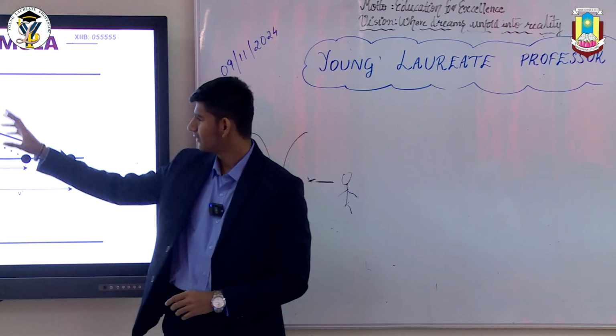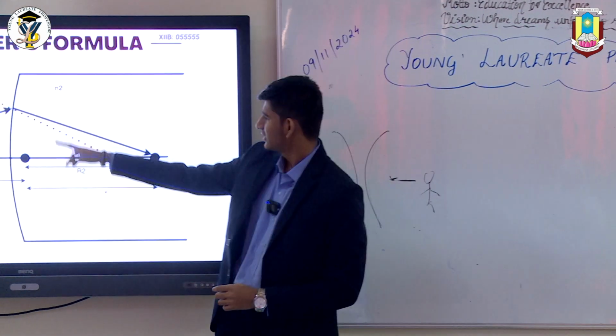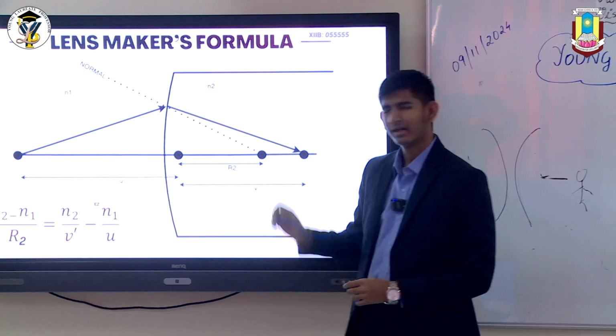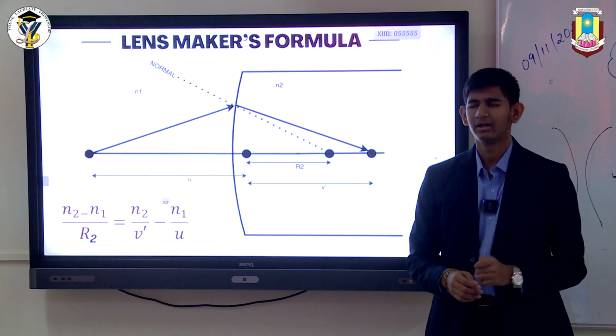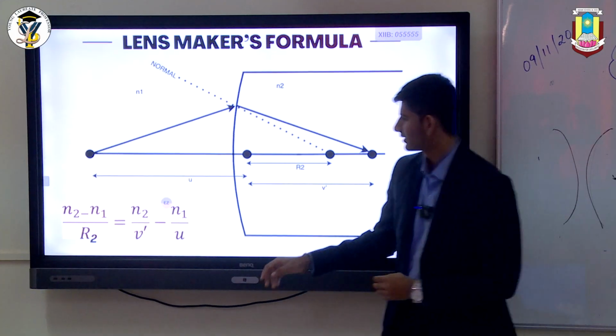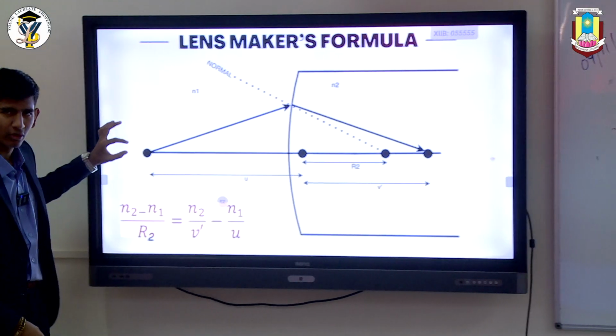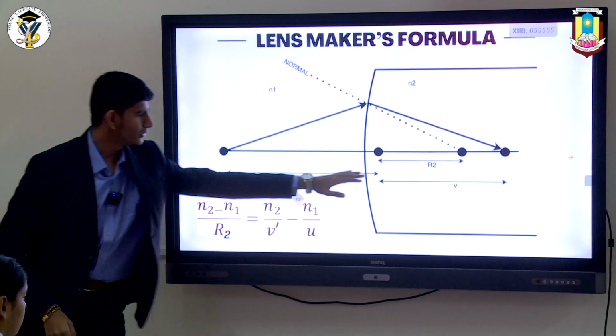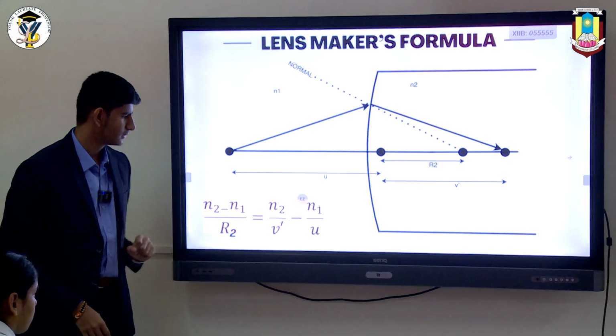Now let's understand how we get this formula. Let's consider the first face, whose radius of curvature is r2. Let's consider a point source u over here, which is u distance away, the object distance.